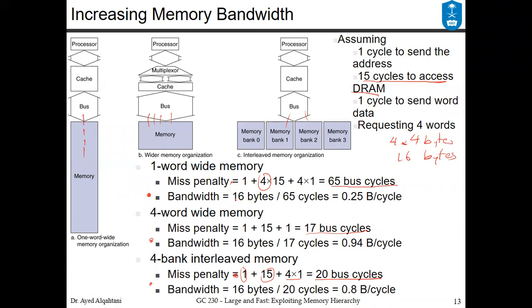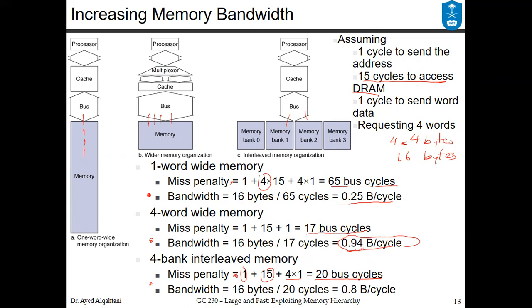We divide the 16 bytes by how many bus cycles we have to get the bandwidth. Here the bandwidth is really low, 0.25 bytes per cycle. And here we have 0.94 bytes per cycle, and here 0.8 bytes per cycle. You see that this is the best bandwidth, but you are paying in hardware.